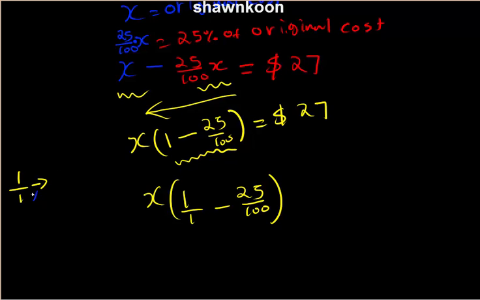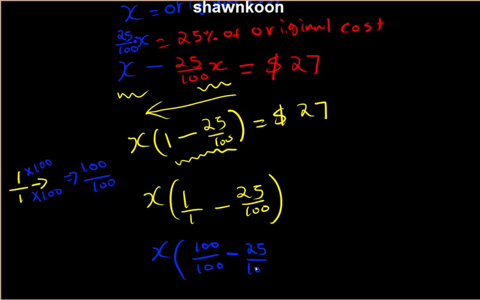By multiplying by 100, right? Perfect. So if we do that, what do we get? 100 over 100. Oh, that's easy. So x times 100 over 100 minus 25 over 100 equals $27.